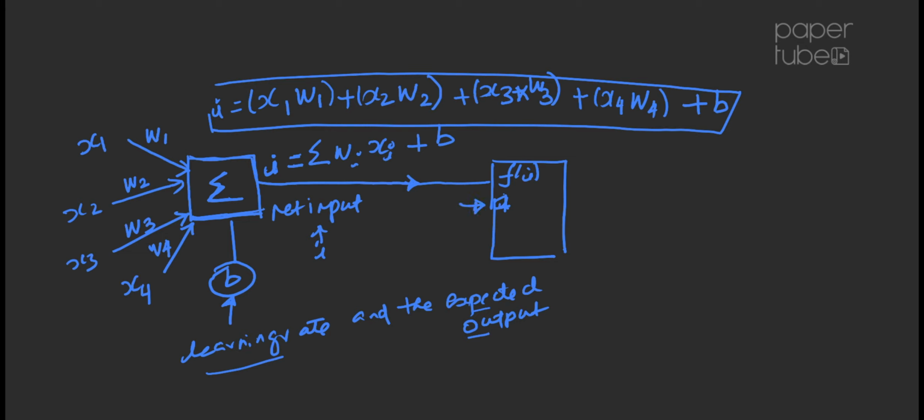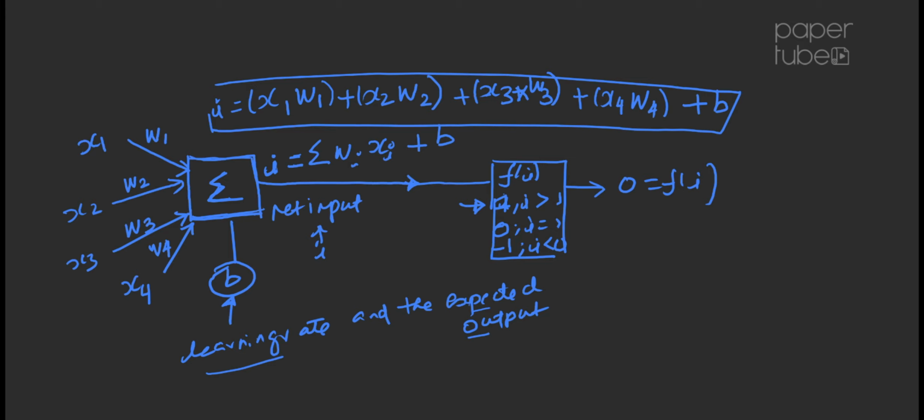So it will fire an output, which is a function of I. It will fire an output of 1 if the I value is greater than 0. It will fire an output of 0 if the I value is equal to 0. It will fire a value of -1 if the I value is less than 0. So f of I is the propagation function here.